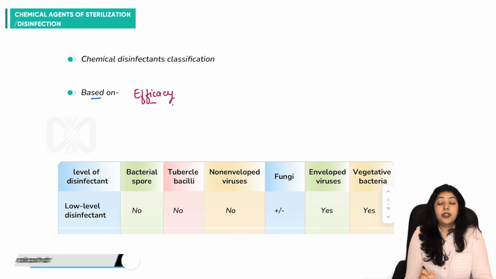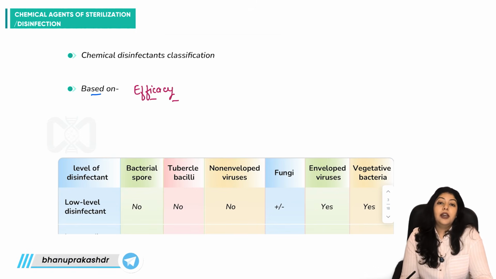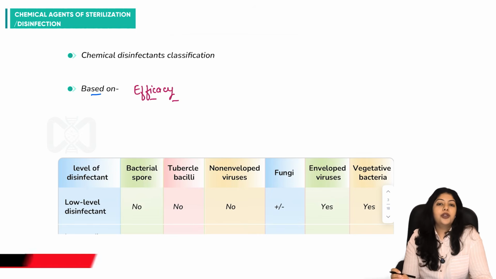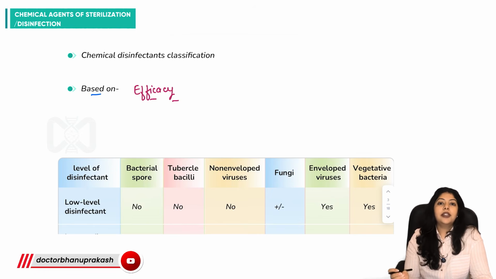With efficacy, we mean how well these agents are able to act upon certain organisms. These organisms can be bacteria, viruses, or fungi. And most importantly, whether these agents are able to destroy bacterial spores or not, right?